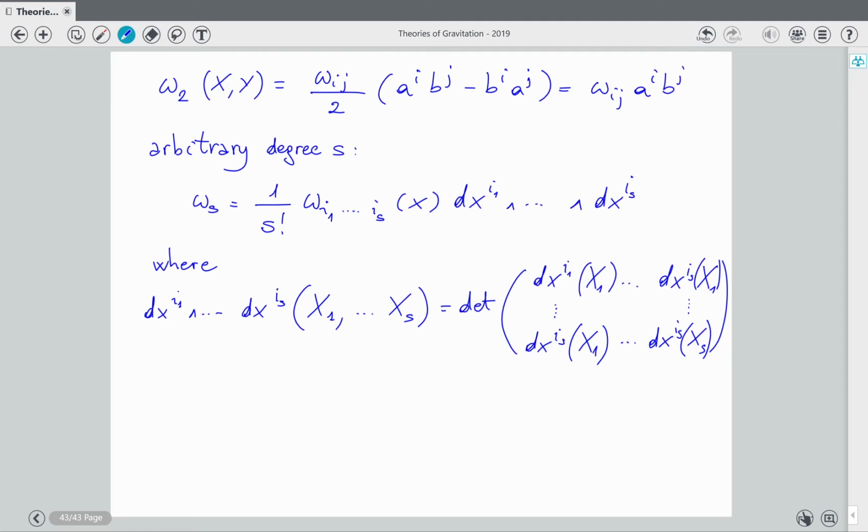And again, when you make this calculation, you will have S factorial elements when you act. You take omega S acting on this, and the S factorial will cancel this one.